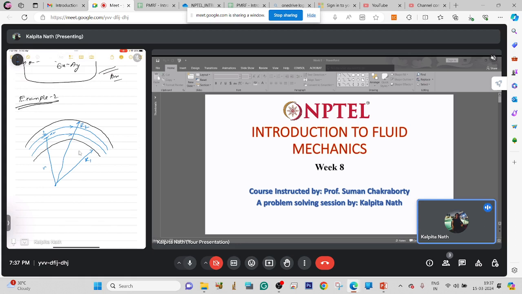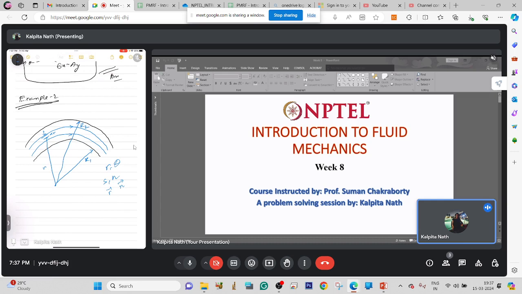Now, circular curves have constant radius of curvature. Thus, if we use the polar coordinate system, that means r theta, that is equivalent to the SN coordinate system. Then R is always oriented in the n direction.